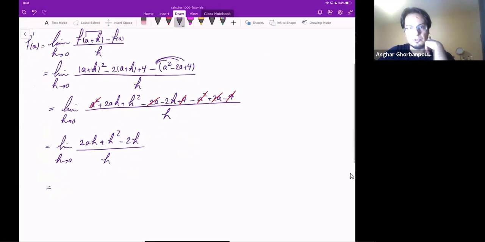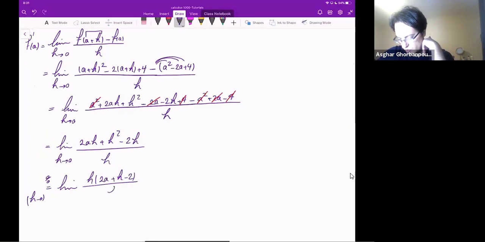Well, polynomial over polynomial, evaluate, you get 0 over 0. So I have to factor out the vanishing factor. The vanishing factor is h minus 0, which is h. So I factor that: h times 2a plus h minus 2, over h as h goes to 0. Cancel the vanishing factors.